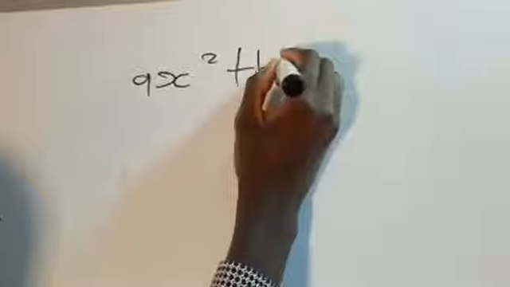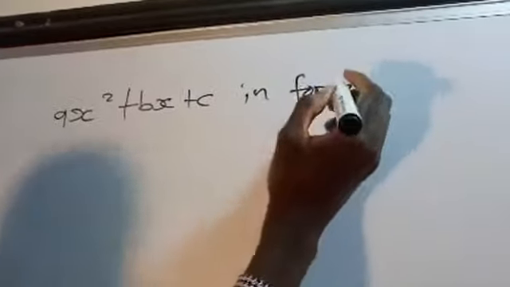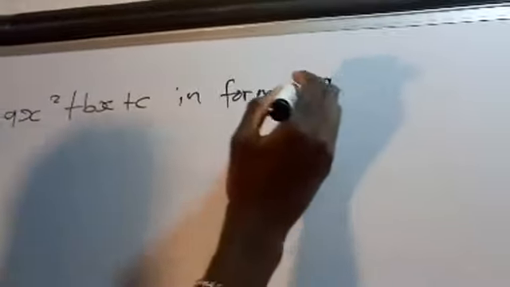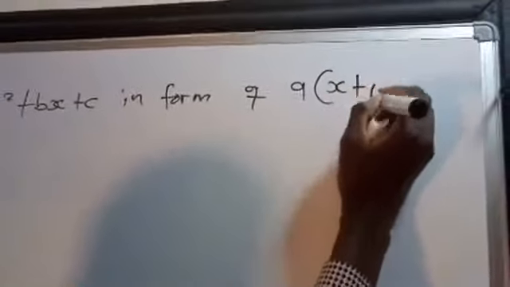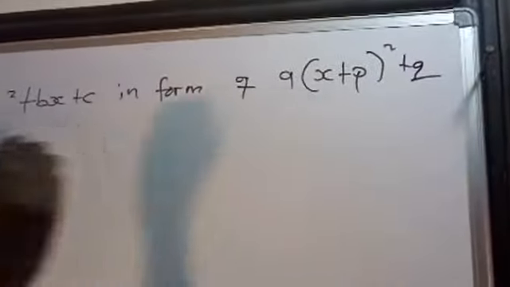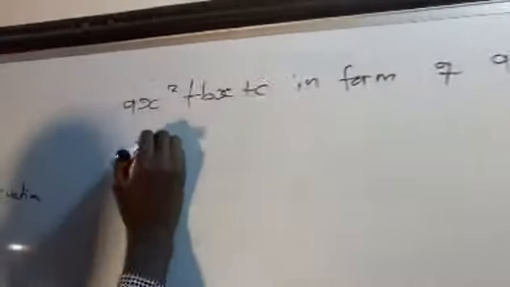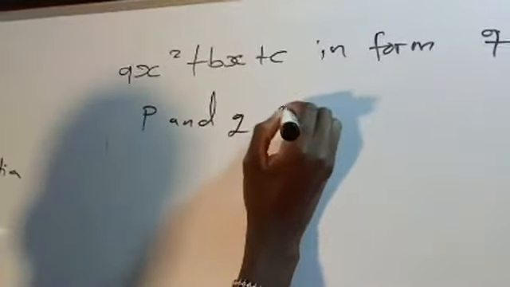They may give us a quadratic equation of ax squared plus bx plus c, to put it in the form of a into x plus p squared plus q, where p and q are constants.